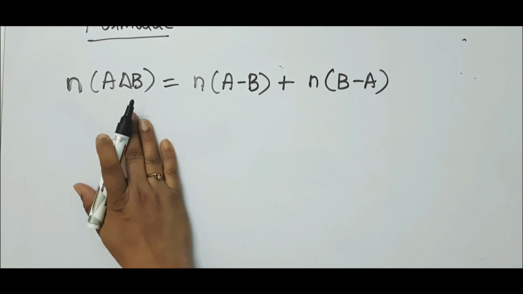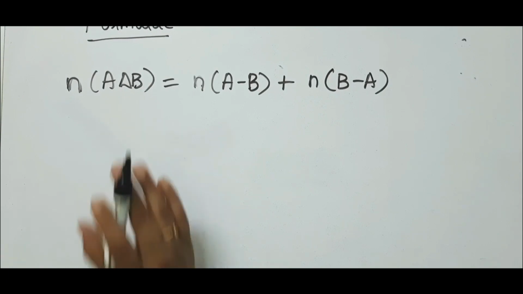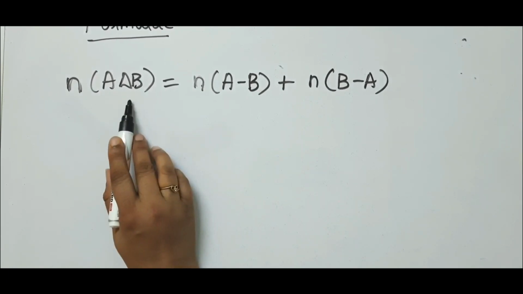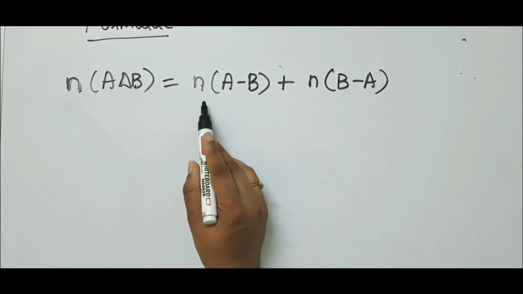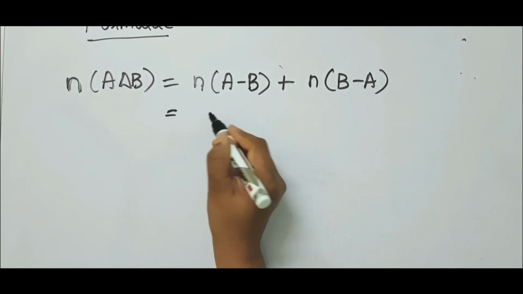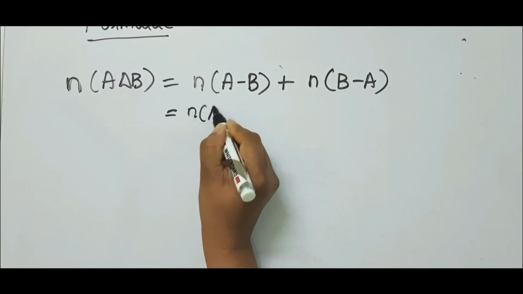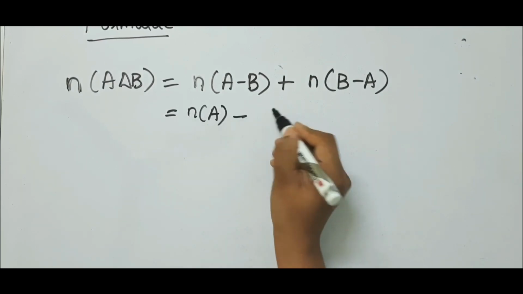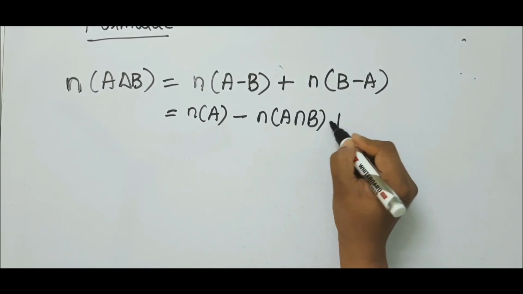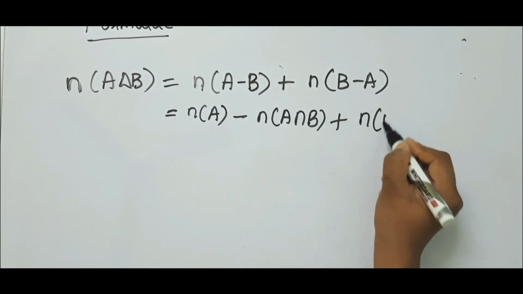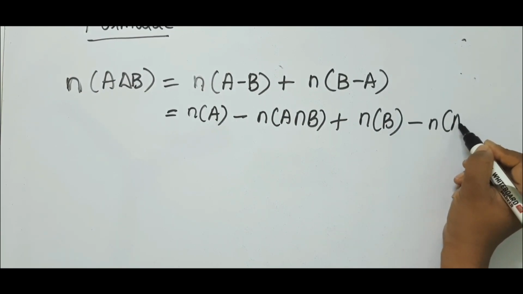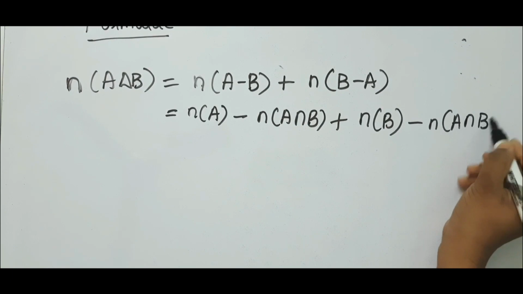Symmetric difference means A minus B union B minus A. So the number of elements of A del B is the number of elements in A minus B and the number of elements in B minus A. So this can be written as the number of elements of A minus the number of elements of A intersection B. Similarly, this can be written as the number of elements of B minus the number of elements of A intersection B, as we learned before.